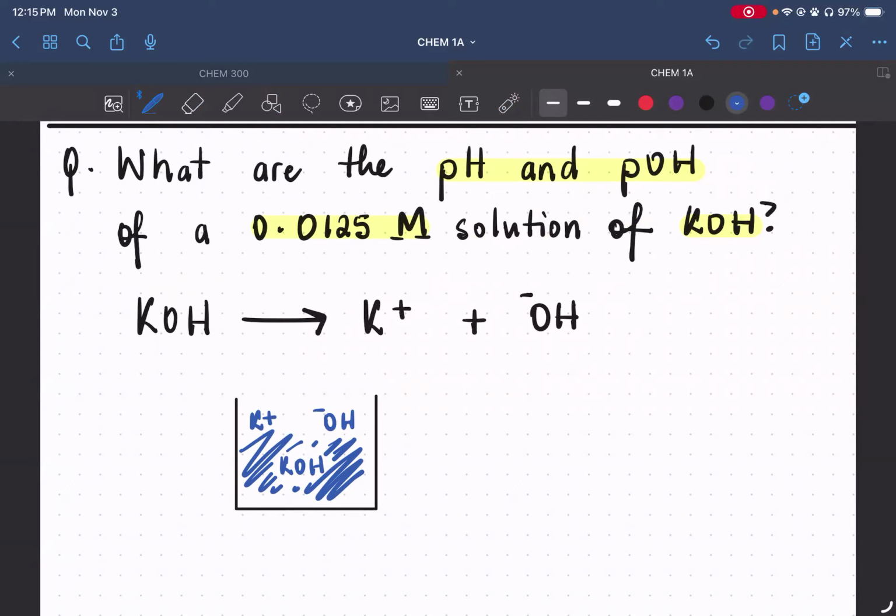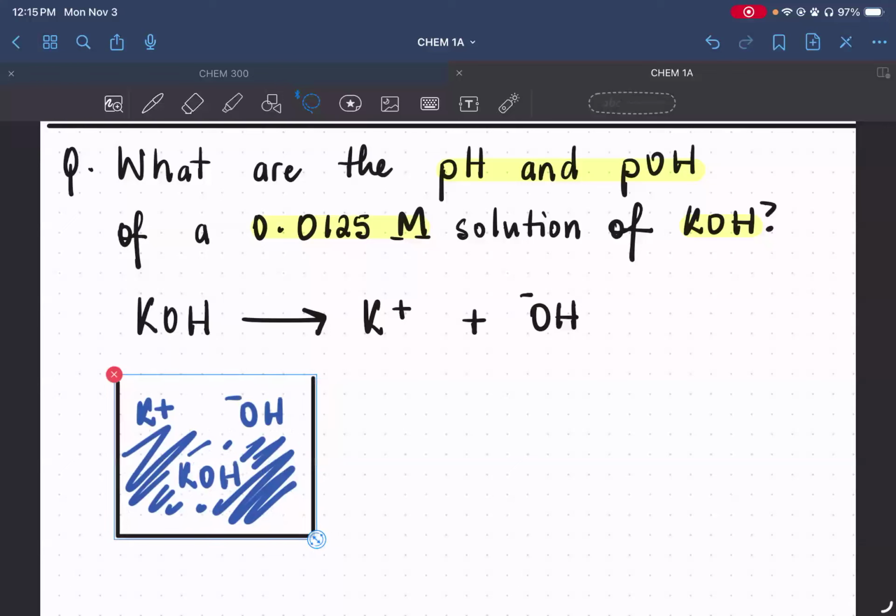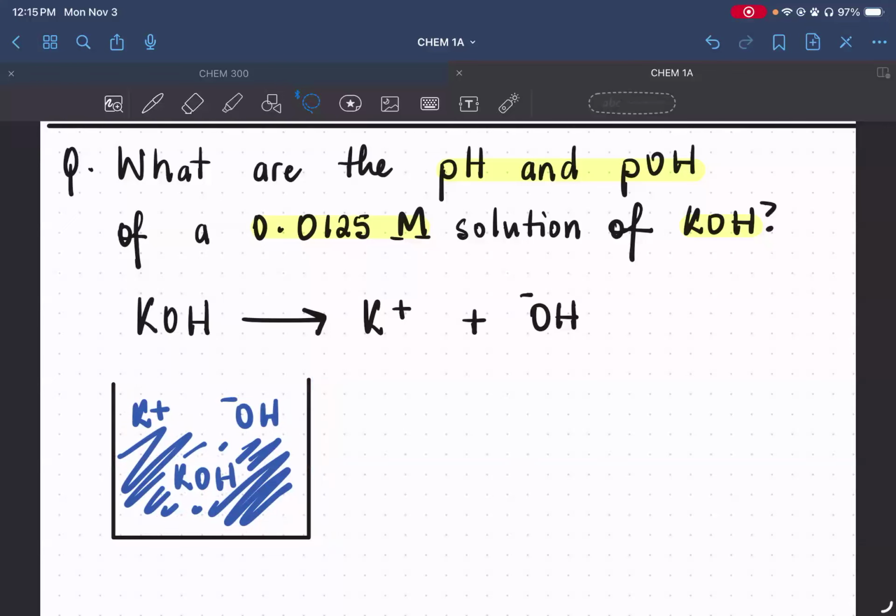So within this solution, we actually only really have the one chemical. In other words, what we see here is a 1-to-1 ratio between the KOH and the OH concentration.